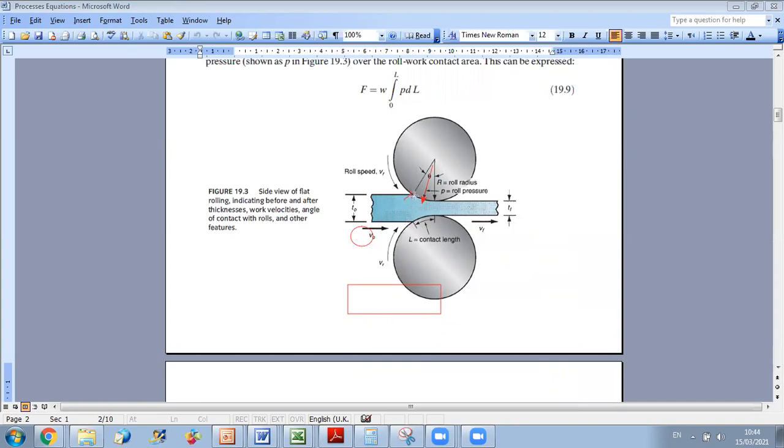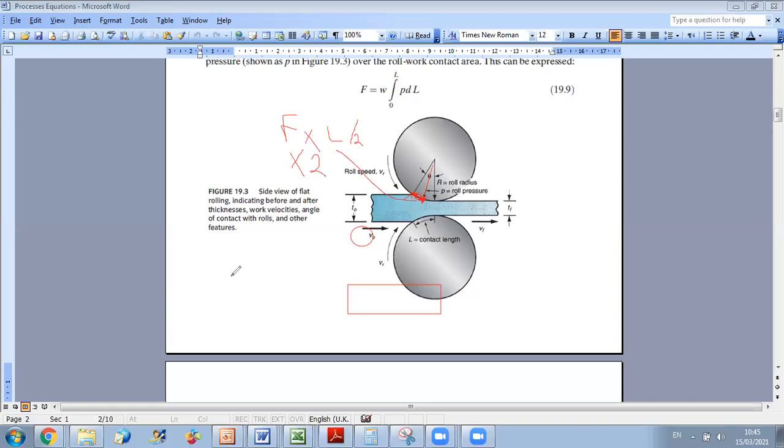Now, since theta is small, I can consider that the arc length is equal to the segment length. So this segment can be approximated as L over 2. So the torque required for rotation of one roll is the force F times L over 2. If I want to find the total torque for the two rolls, I just multiply by 2, and I get that the total torque should be F times L.